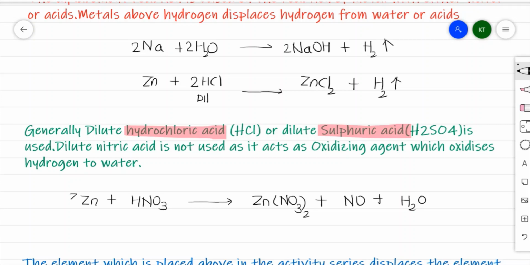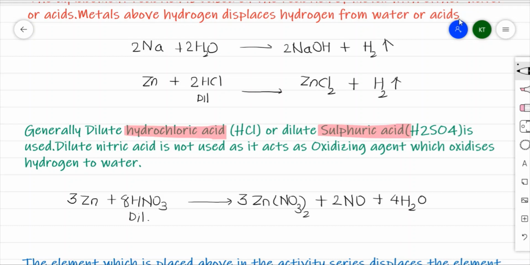To balance this, I'll take 3Zn and 8HNO3. So I got 3 Zn(NO3)2 plus 2NO, and there are 8 hydrogen atoms, so I'll multiply the water by 4. So this is your dilute HNO3 reaction.